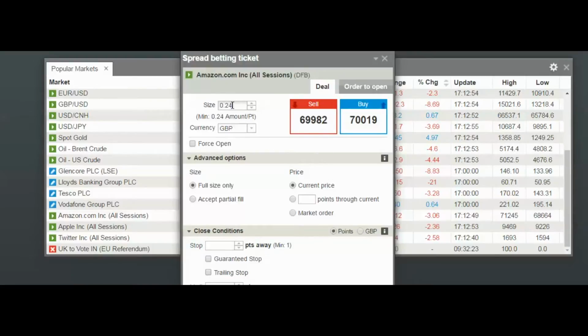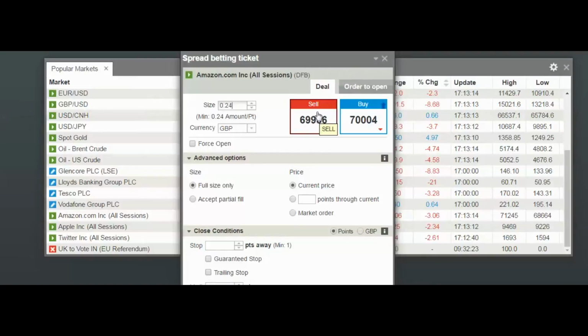That's just at 24p per point at a 5,000 point fall. So if you were on the wrong side of that, then that's what your account would look like, a negative of 1,200 pounds.